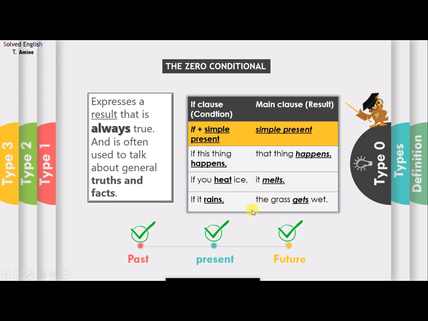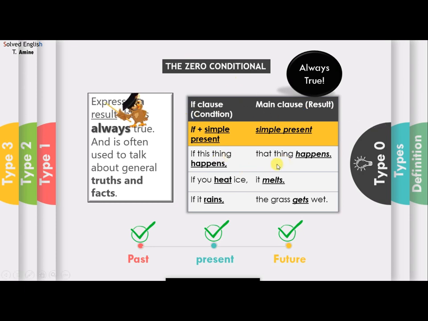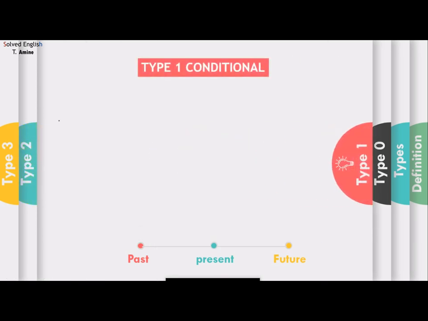Whenever it rains, whether in the past, present, or future, the grass gets wet. The time of the verb or the state or the action is not important because it is always true. Whenever the condition is true, the result will be true. So, if this thing happens, that thing happens. Let's go to conditional type 1.